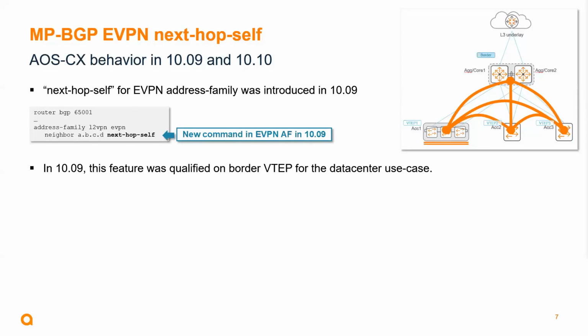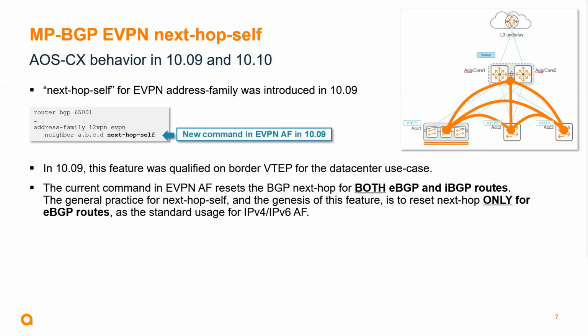Very important to remind that the current behavior of that feature is that all the EVPN routes received from an external BGP peer will have their next hop reset with the Next-Hop Self command for the internal BGP speakers receiving them from the border.